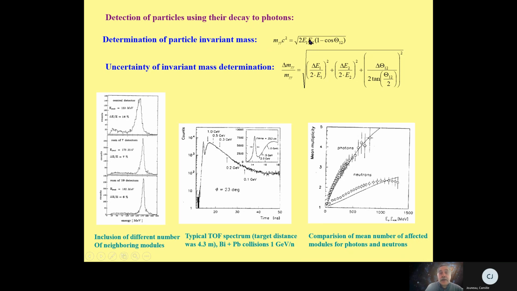In this case it's enough to know the energies of these 2 photons and the angle between them, and you will obtain the mass of the particle which was decaying to these 2 photons.